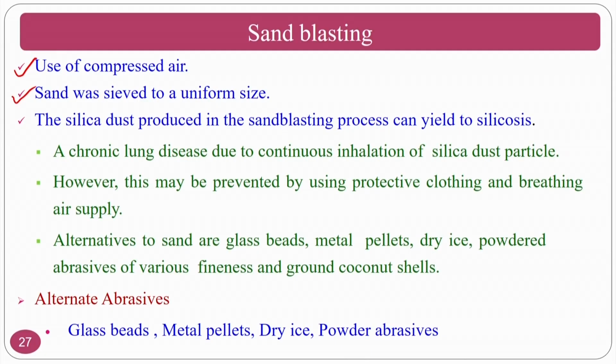To get a super uniform surface, you should always go for uniform abrasive sizes. For that, you have to use sieves. There are standard sieves, so you can use them to get uniform abrasive particle sizes and a uniform surface on the workpiece.